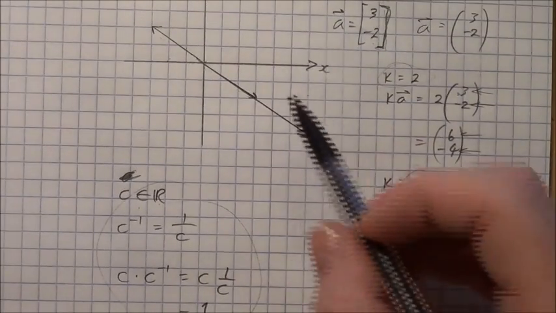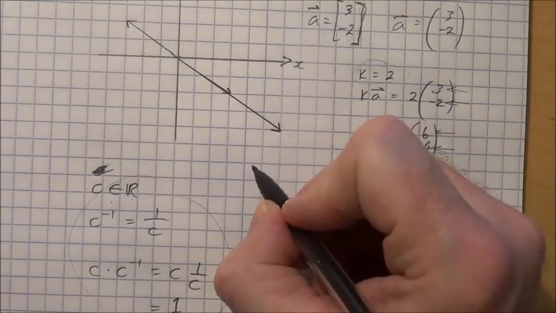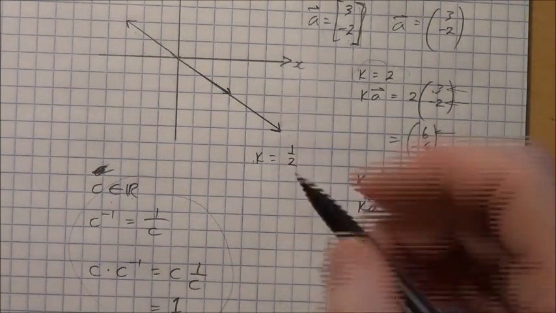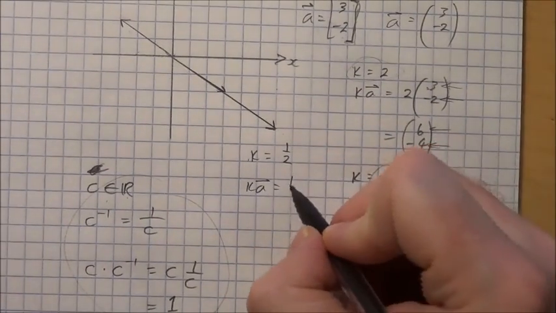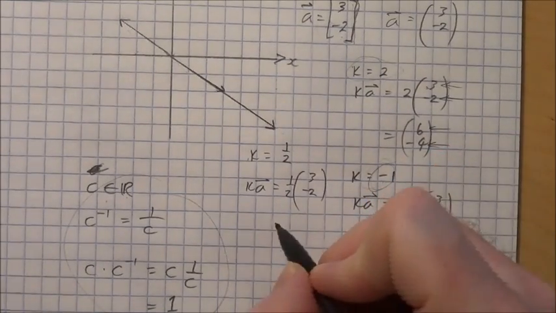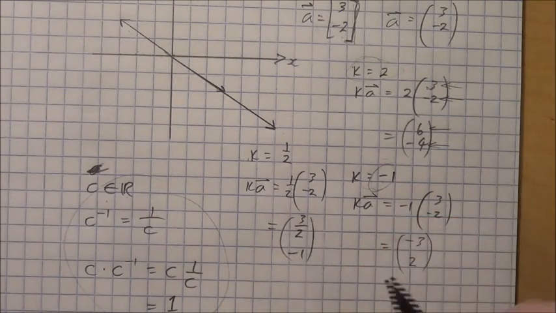So if we were to go back to this example here, if we wanted, say, k were, just keep it simple, 1/2, then k times vector A would be 1/2 multiplied by (3, -2), and that gives us (3/2, -1).